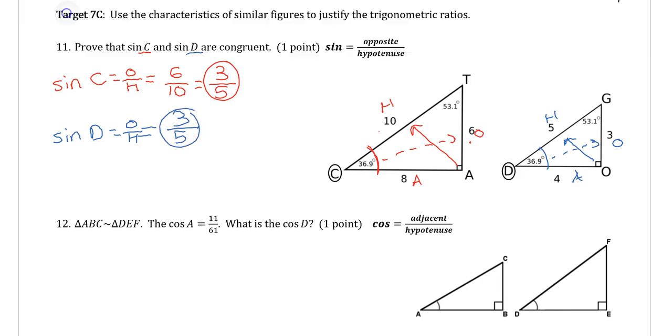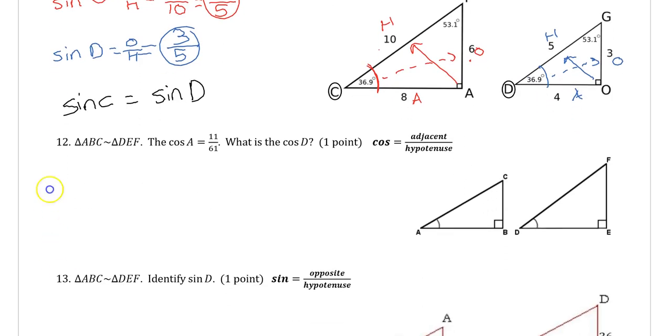So I'm just going to write that. Sine of C is equal to the sine of D. Right. Remember that when you have those similar triangles, your trig ratios are equal.